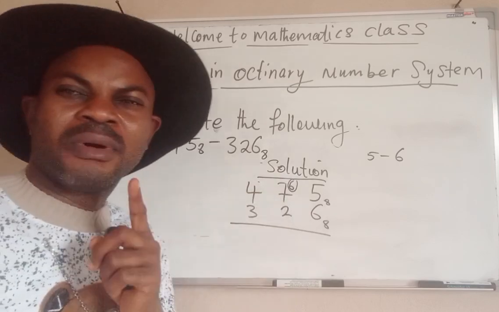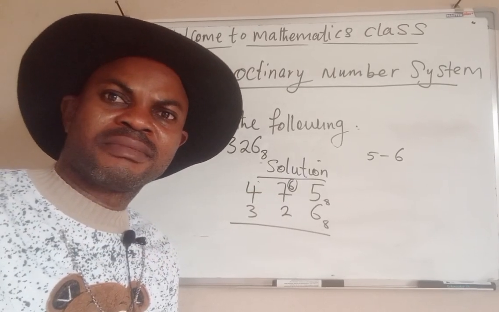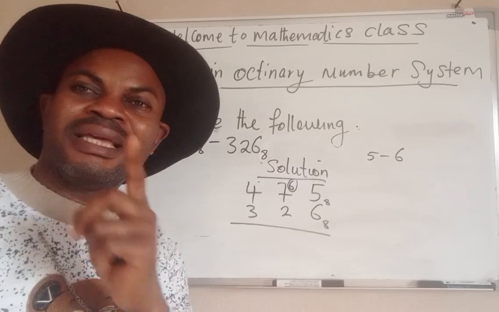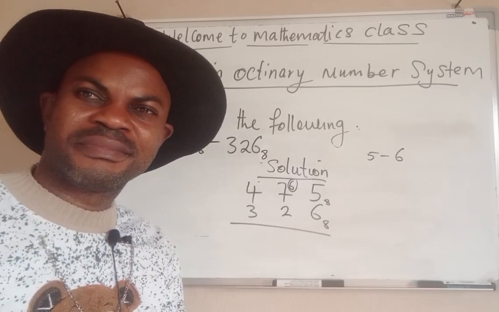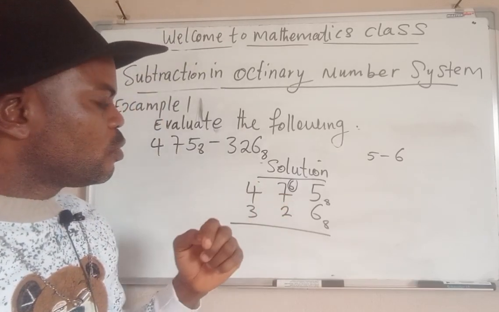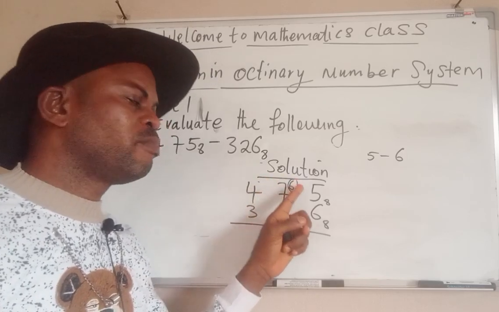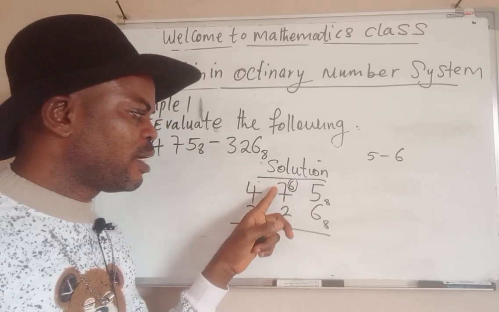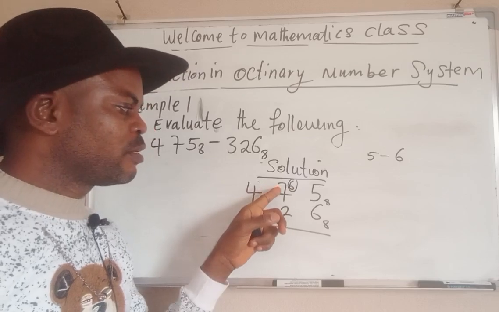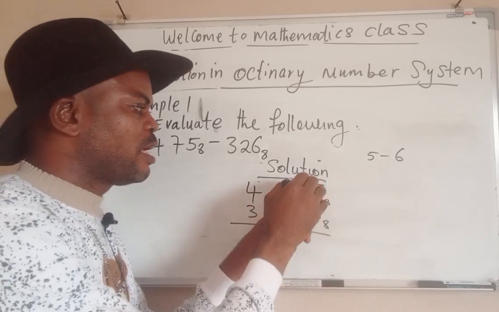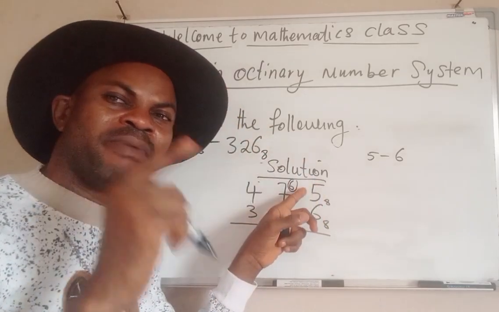But remember, in number base, you have to borrow, and when you borrow, the one you're borrowing becomes the base. I had just borrowed one from here, making this 7 to be 6. The one comes here, but that one will become the base.